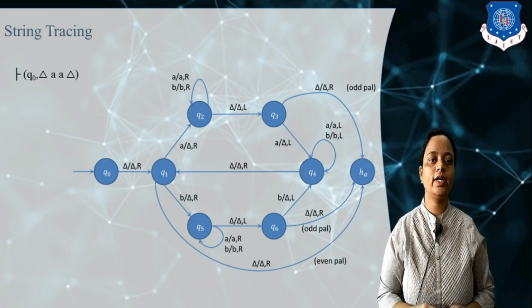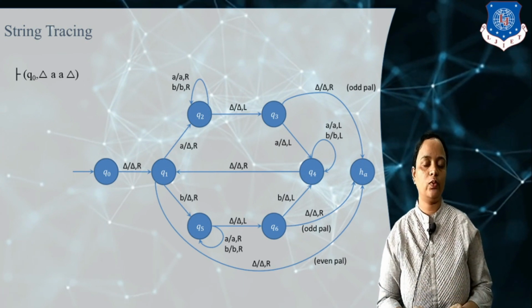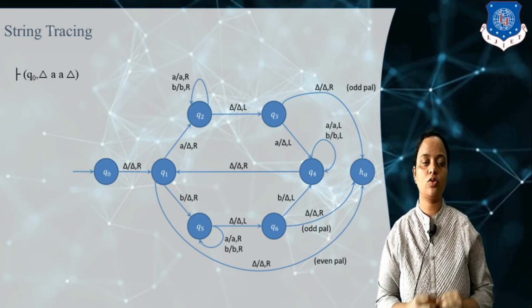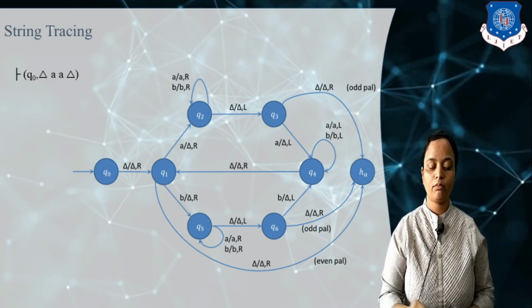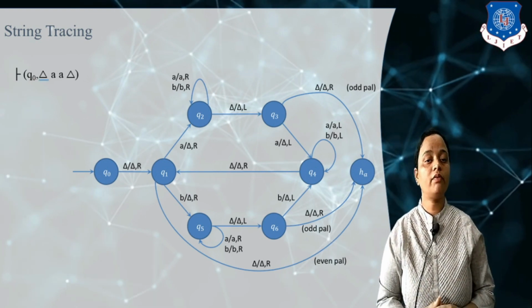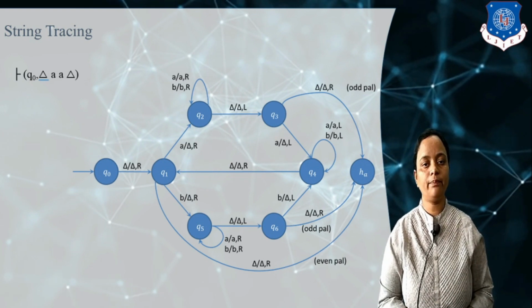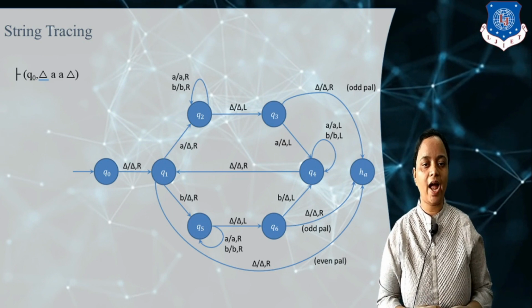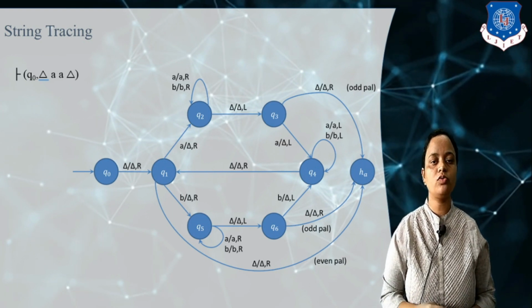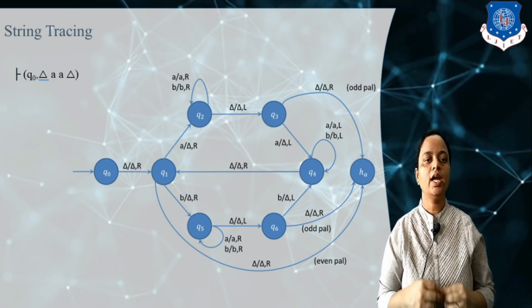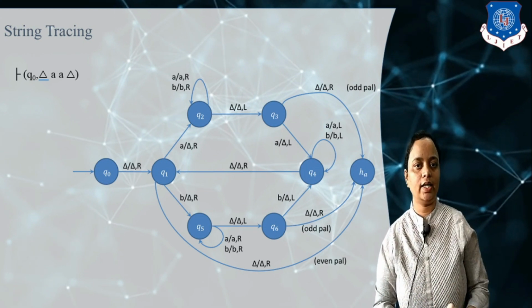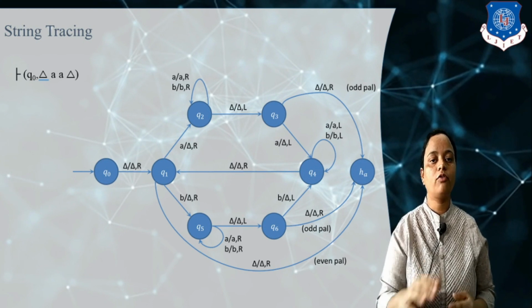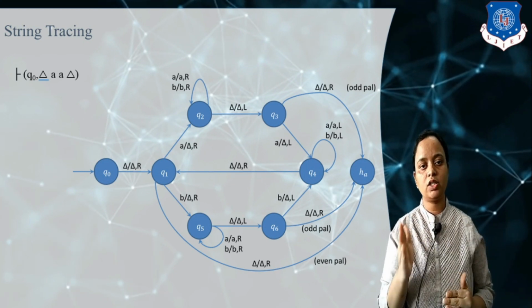Here you can see that our initial state is q0, the input is delta double A delta. So our input string is double A. Now our tape head is always pointed to the first delta, which is the left end of the string. So at q0, if it is delta, it is replaced by delta, move to the right direction. For doing this we are moving from state q0 to q1.